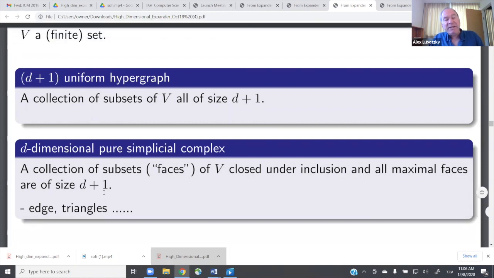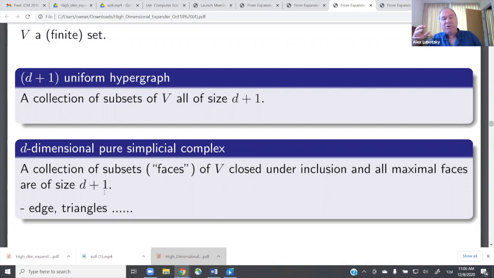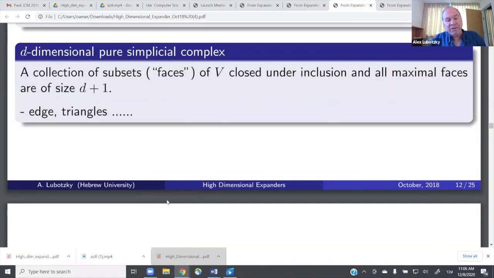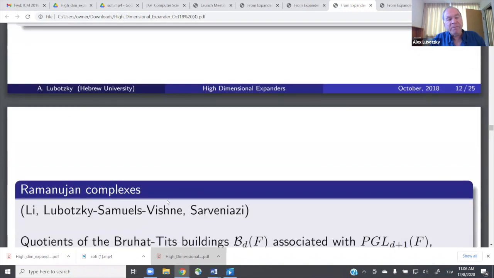So basically, when you think about a simplicial complex, you say, I don't take only the top ones, but I really think about all their subsets. This is called pure if all the maximal ones are of size D plus 1. You can pass from a pure simplicial complex to a uniform hypergraph and vice versa. So this is just a question of language.